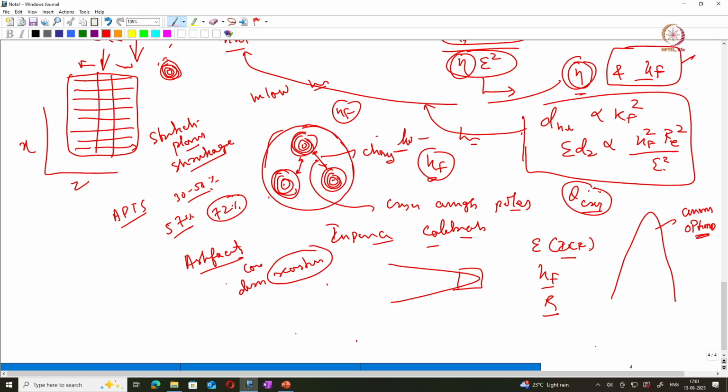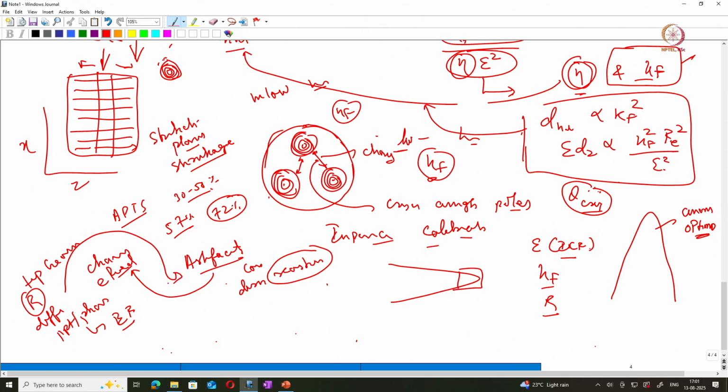These artifacts are everything due to the change in electric field conditions near the tip surface, and that is related to your tip geometry, your local variation in the radius of curvature, and the presence of different kinds of precipitates or phases which have different evaporation field values. All these things can be related to your artifacts. The most common artifacts are rollover and also trajectory aberrations. This we'll cover in the next class.